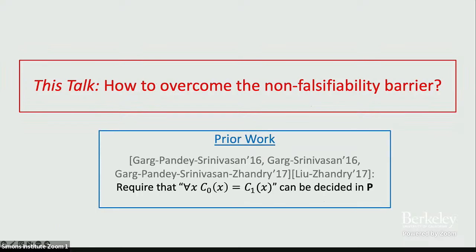Previously, there was also another line of work trying to overcome this 2 to the input length barrier in the I/O security reduction. But all of those works require the functionality equivalence of the 2 circuits to be decidable by some polynomial time algorithm.